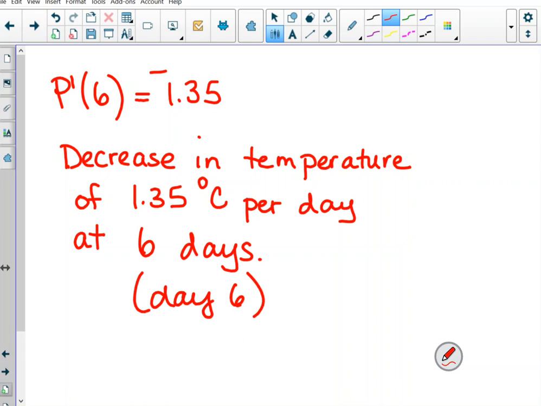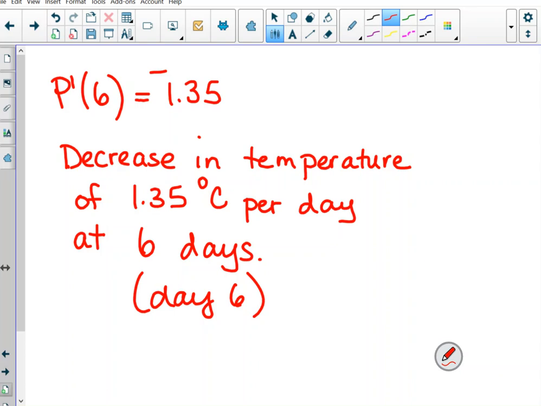You can phrase this any way you want, as long as you include all the essential elements. When is it happening? What is happening? So on the 6th day, the temperature is decreasing, and the decrease is 1.35 degrees Celsius per day. Most common mistakes: not putting the per day, not putting when it's happening. And a lot of times you're like, well, it's redundant.